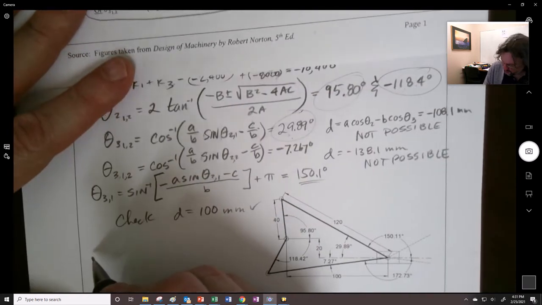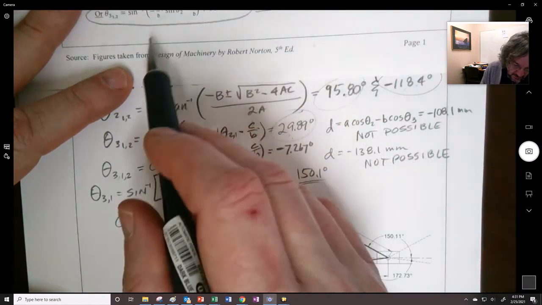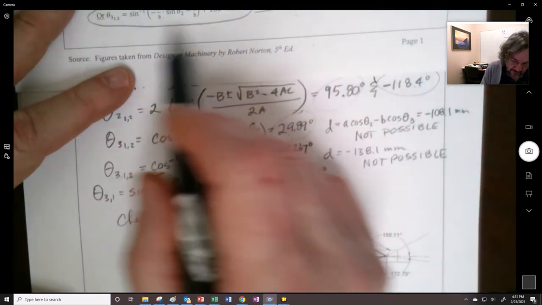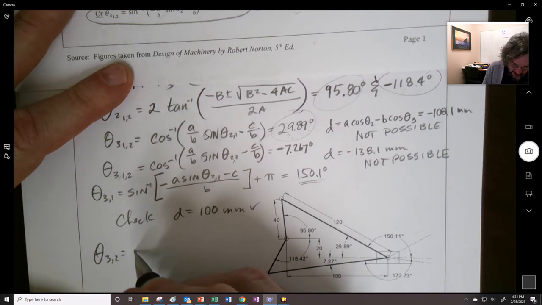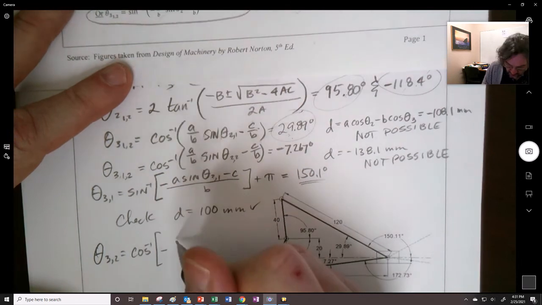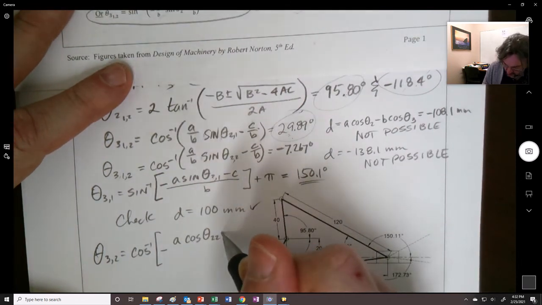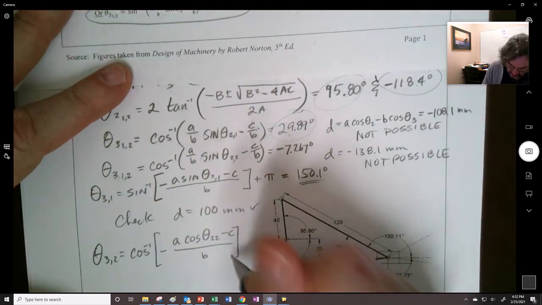I do the same thing for here now. And I just want to double check that I did it for the cosine. Yeah, there's another version of this, so a theta 3,2 here. And I do the inverse cosine of negative a cosine of theta 2,2 minus c, or this right here, and I get b right there.